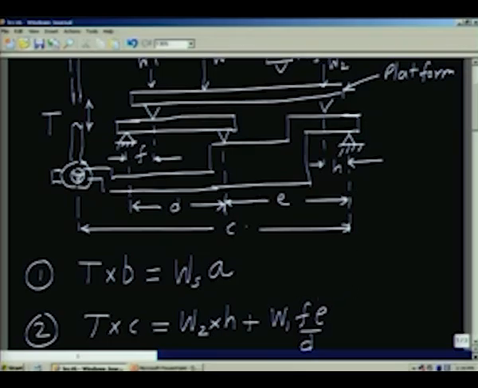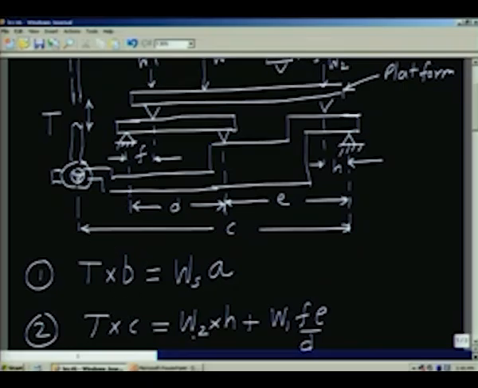The next equation is, if you look at this member, there are several moments on that, and you can take moments about this particular point. So the sum of the moments must be equal to 0 for the balance of that. So T into C, the T is this force here, multiplied by this C, is the moment.